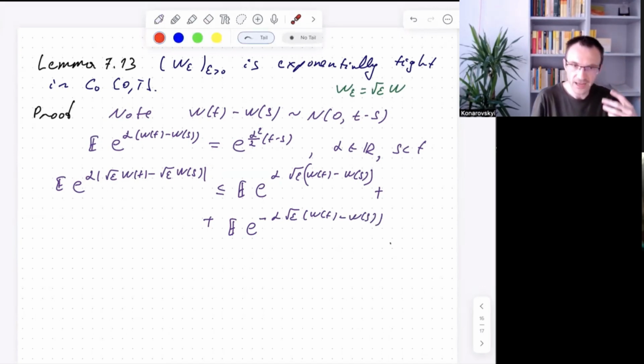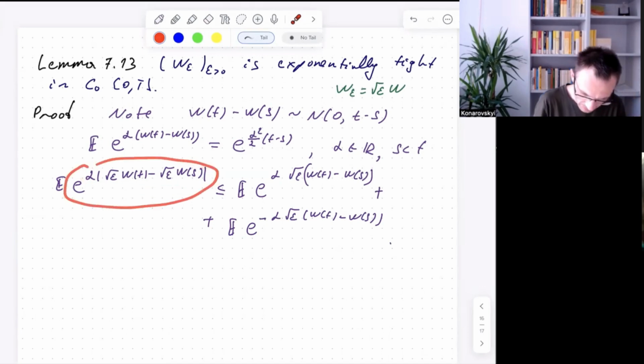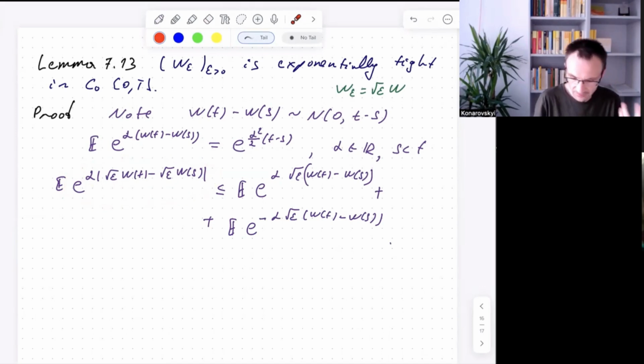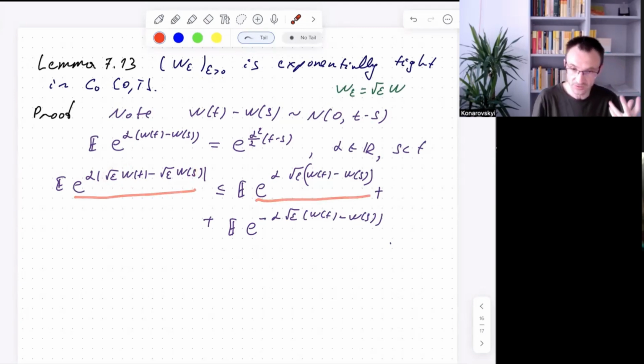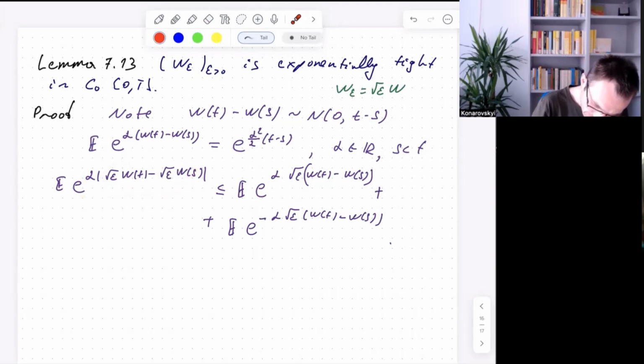You can do that for every omega, where you have the absolute value. For this omega you have two possibilities: either this bracket is positive, and then the exponent is exactly equal to the first term, or it is negative, and then it is equal to the second. So in both cases, you can estimate this exponent by the sum of two exponents.